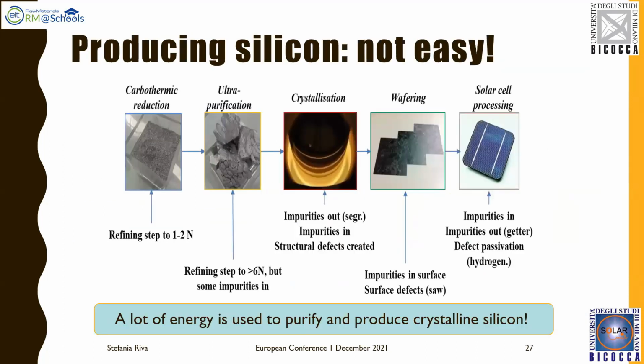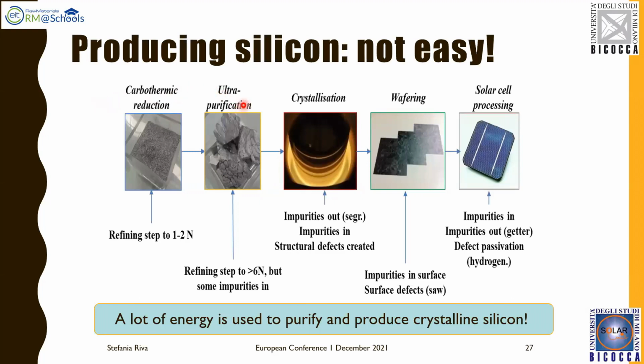But producing silicon is not easy. A lot of energy is used to purify and produce crystalline silicon. The process starts with silica that is heated at high temperature.